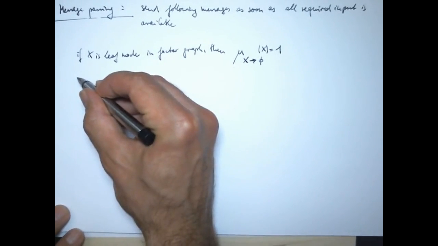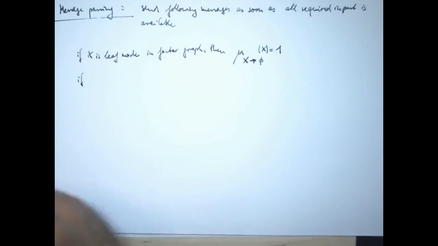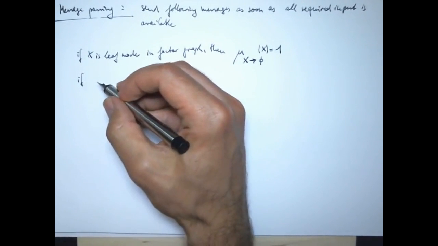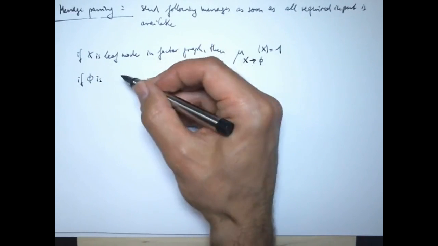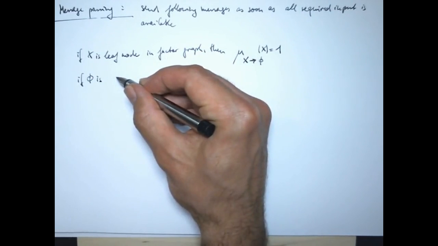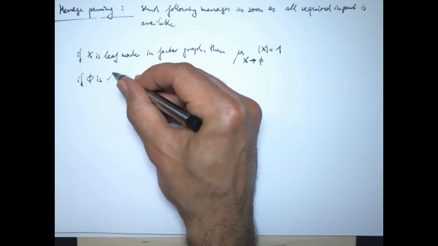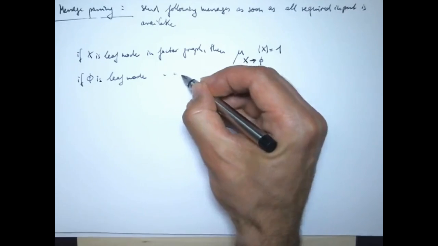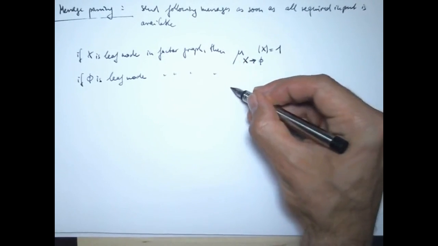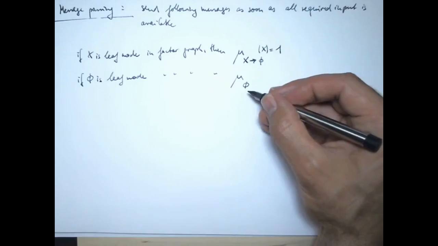And if, on the other hand, we have a factor that's typically at the very top of the graph, so if phi is a leaf node in the factor graph, then we simply send out the value of that factor in itself.